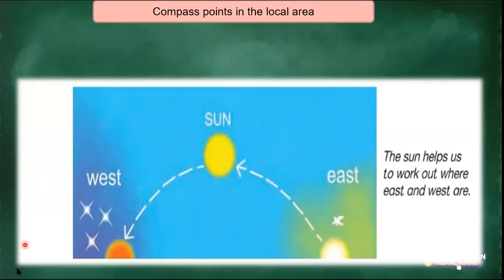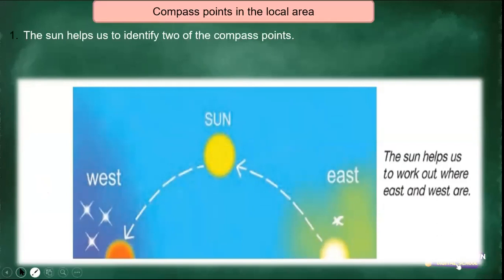The sun helps us to identify two compass points. The sun goes up and then it goes down, from the east to the west. The sun rises in the east and sets in the west.